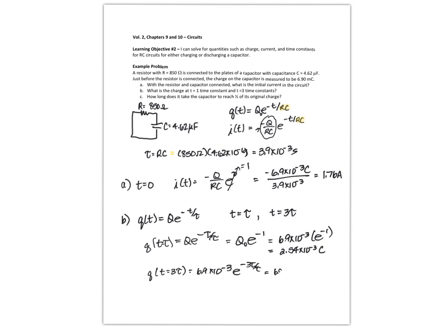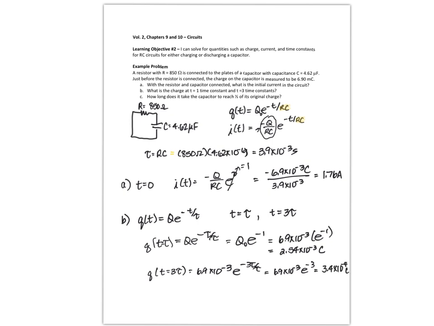So it's 6.9 times 10 to the minus 3 times e to the minus 3. So I have to do that calculation. And that gives me 3.4 times 10 to the minus 4 coulombs.